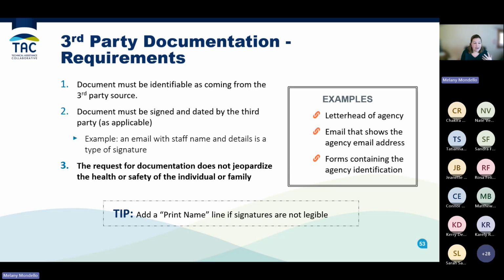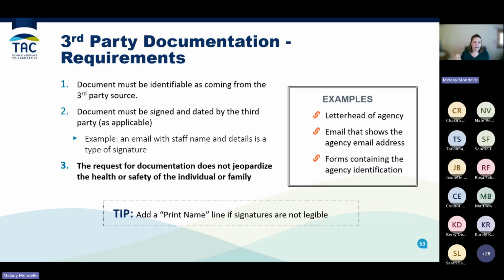So third party, which again, most funders would like to see because they want it from the person who's directly there. It has to be identifiable as coming from a third party source. So think letterhead, think email that shows the agency email address if that's obvious, or if the agencies have forms that have their stamp on it or their name on it.